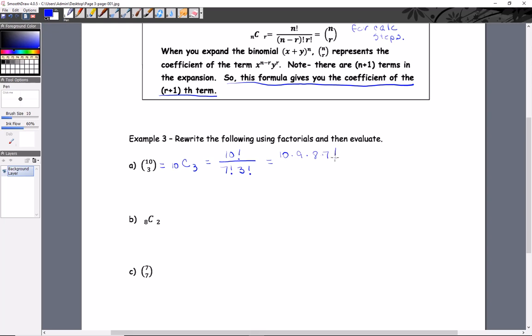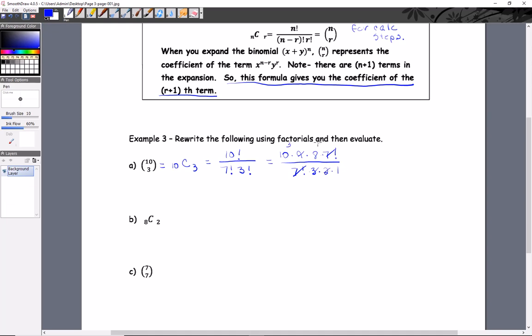And I'm going to quit there and call it 7 factorial, just abbreviate it, because I have a 7 factorial below that'll cancel out. And then your 3 factorial is 3 times 2 times 1. Okay? So looking at this, gone. The 3 can take out your 9, leaving 3.